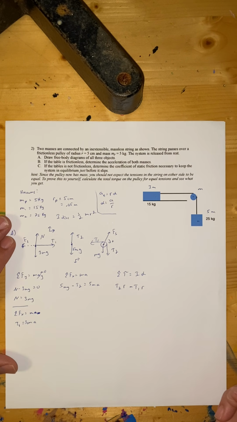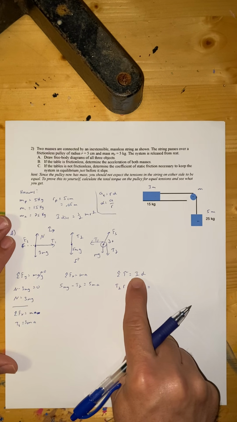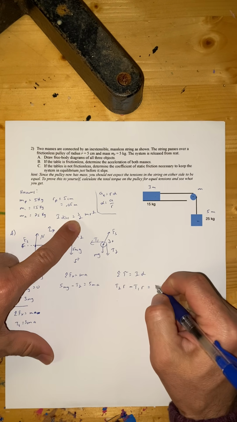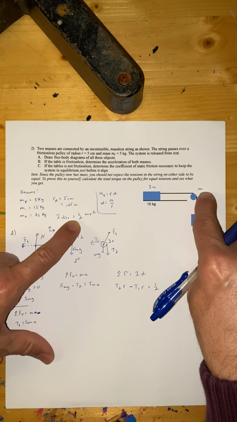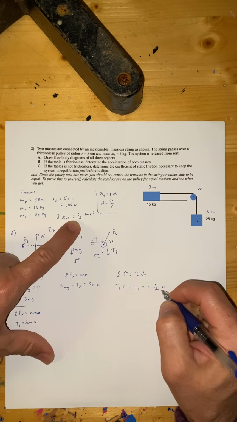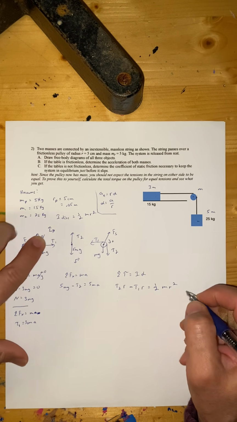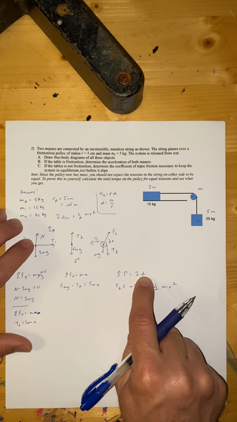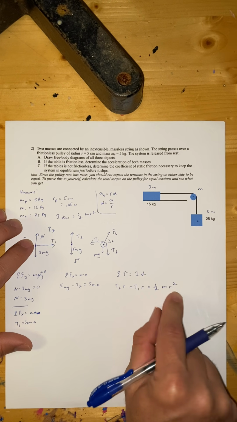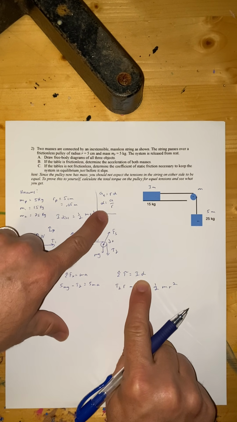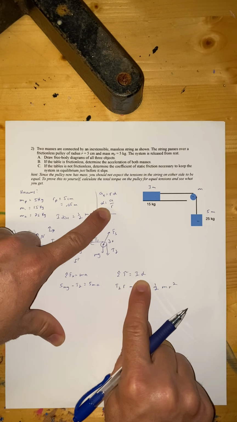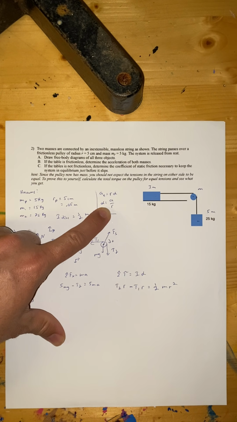And that's the left side, equals, well, what's my moment of inertia? 1/2 m r squared, times alpha. This is the moment of inertia, times alpha. But I'm going to write alpha in terms of the linear acceleration of the rim.